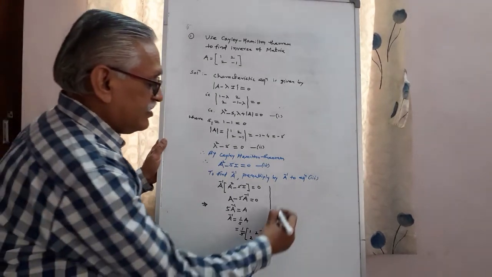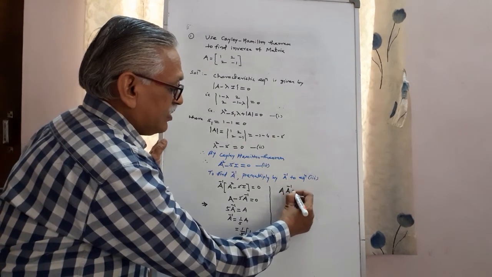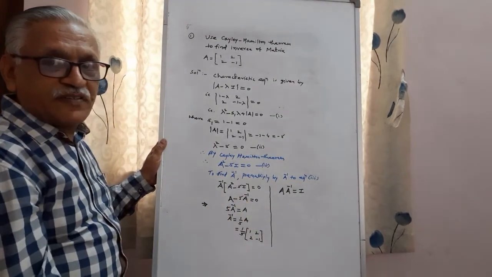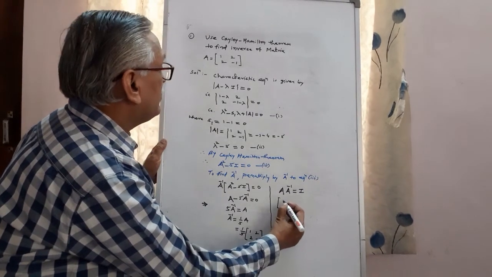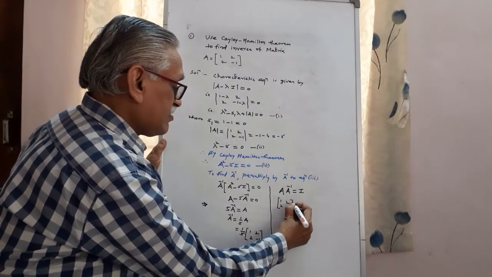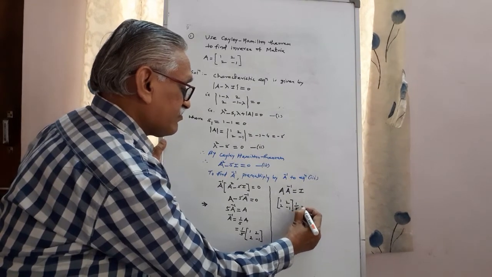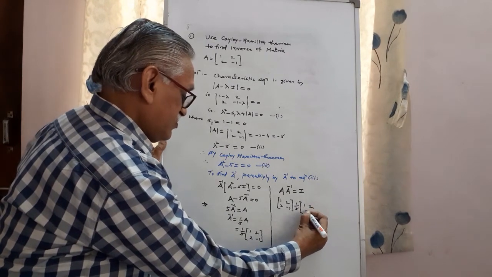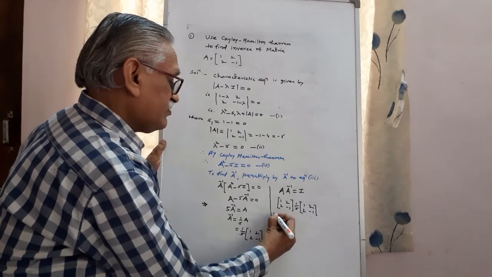We know that the product of A into A inverse is always the identity matrix, and therefore we check whether this property is satisfied here or not. Matrix A is [[1, 2], [2, -1]], multiplied by 1 by 5 times [[1, 2], [2, -1]].